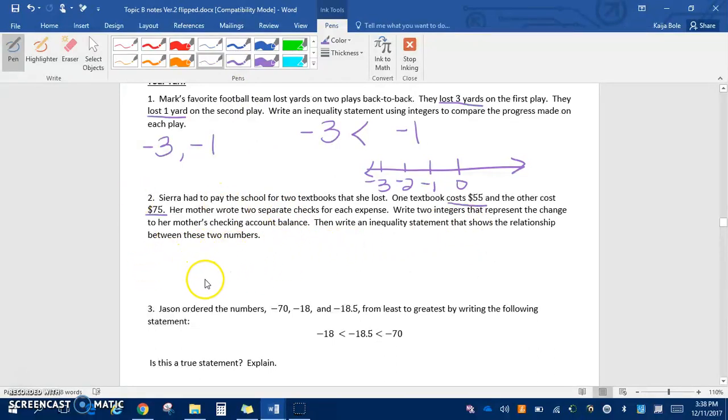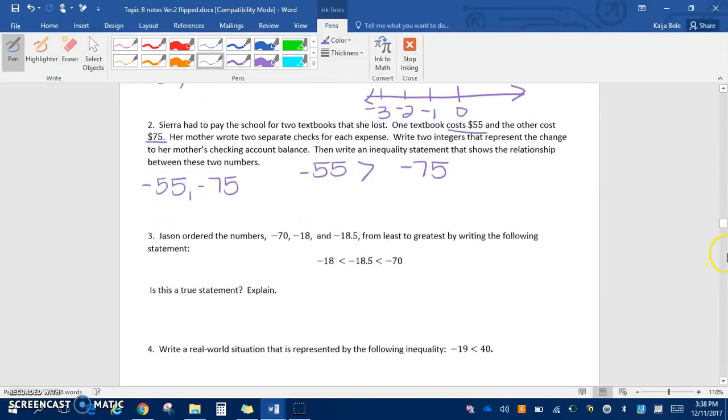The first one cost $55, so that's a -55. Our other integer would be a -75. Comparing -55 and -75, we know that -55 is closer to 0, so -55 is greater than -75.